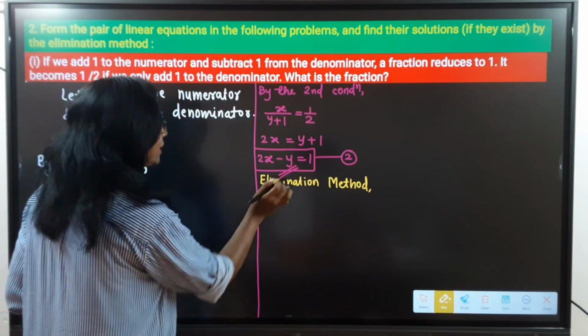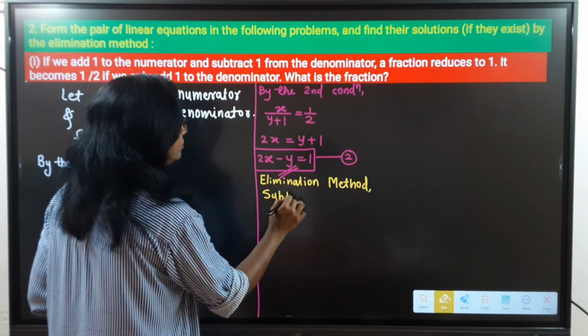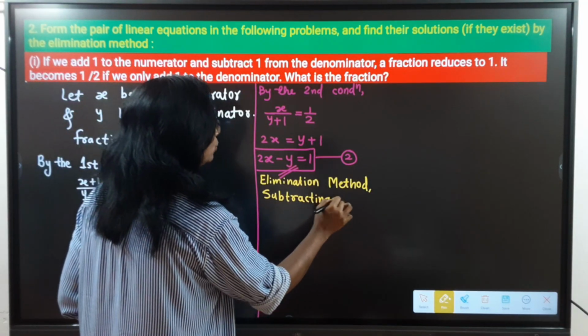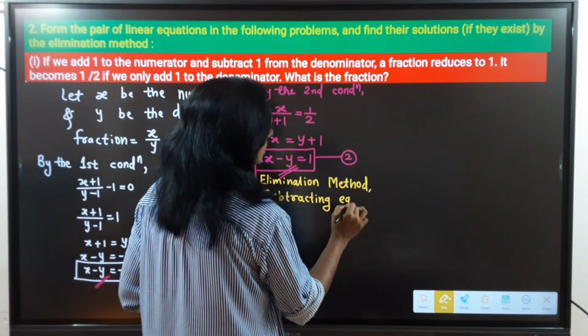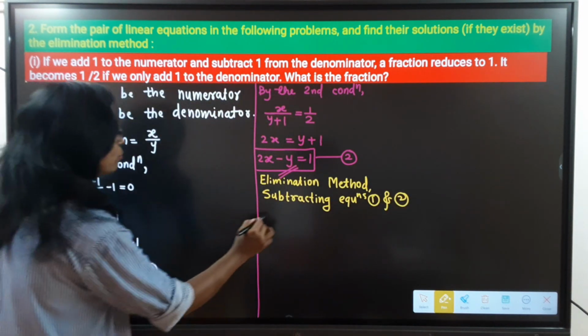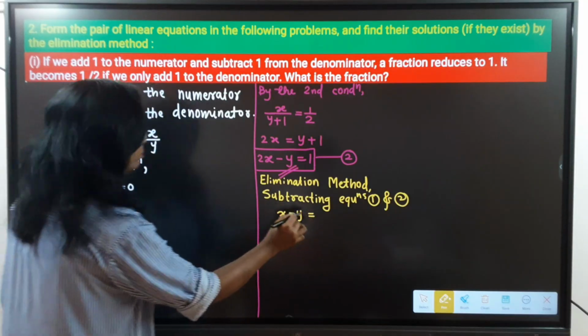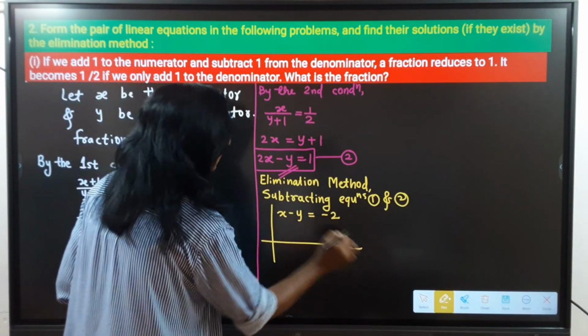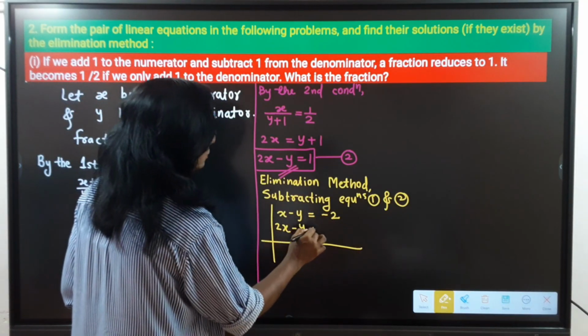So here subtracting equations 1 and 2. So now here first equation is x minus y is equal to minus 2, and the second one, that is 2x minus y is equal to 1.